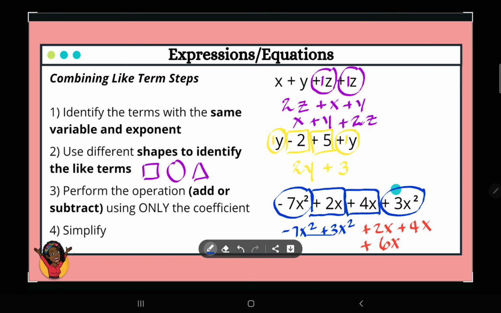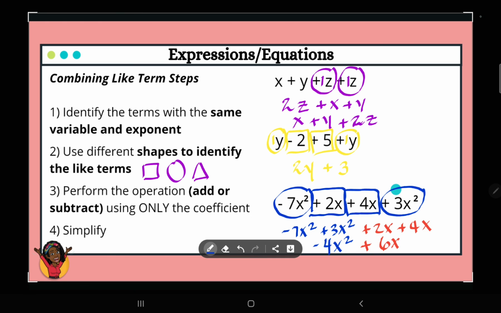And then negative 7x squared plus 3x squared. So here we have different signs, so we're going to subtract and keep the sign of the larger number. So that would give me a negative 4x squared, and that would be our final answer. Because these are unlike, I cannot combine them any further.